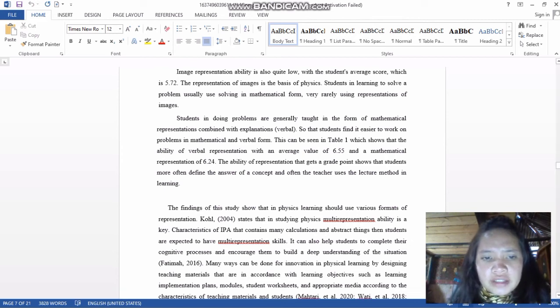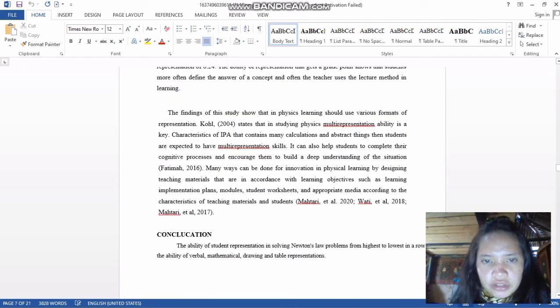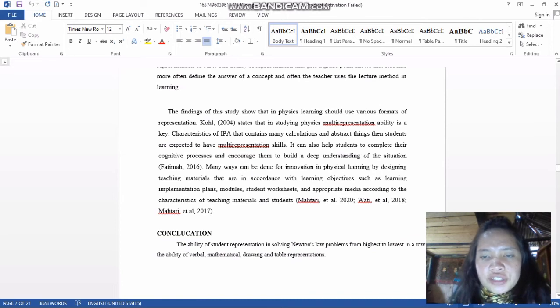The findings of this study show that learning should use various formats of representation. Cole 2004 states that in student physics, multi-representation ability is a key characteristic of physics, which contains many calculations and abstract things. Then students are expected to have multi-representation skills.